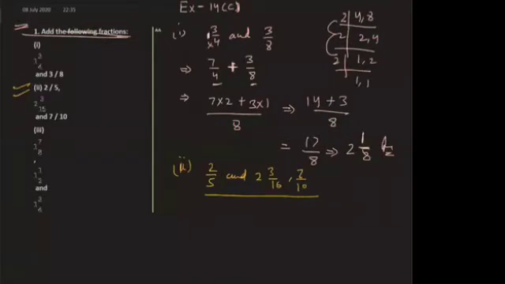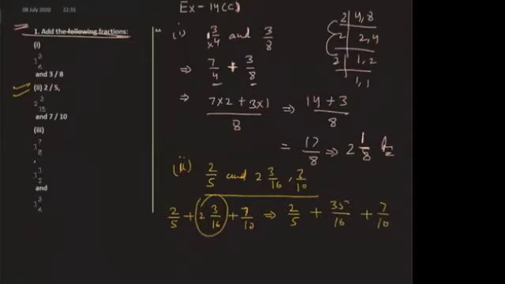So write 2 upon 5 plus 2 whole 3 upon 16 plus 7 upon 10. Now students, change this mixed fraction into improper. So 2 upon 5 plus 16 twos are 32, 32 plus 3, 35. 35 upon 16 plus 7 upon 10.